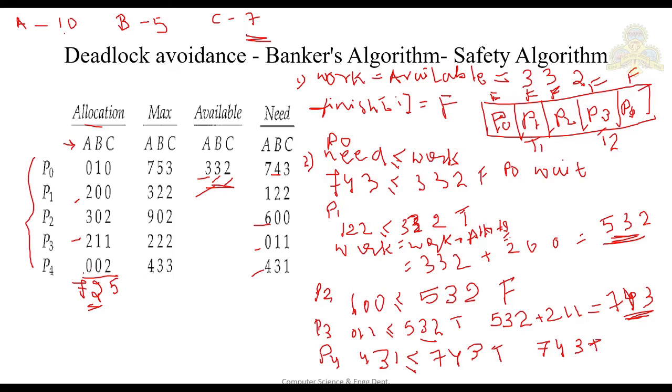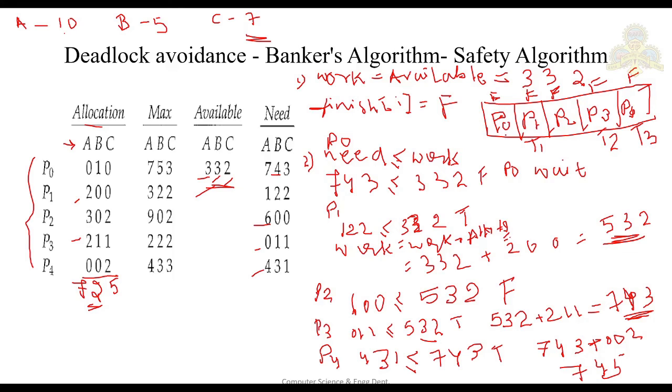What is allocated to P4? 002 here. So 002, that becomes your 745. Okay. So again your process P4 terminates from the system. So I'll write this process, it has been terminated. Okay. This is the third process to be terminated from the system.